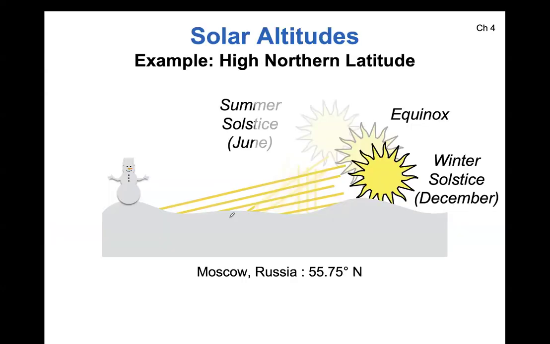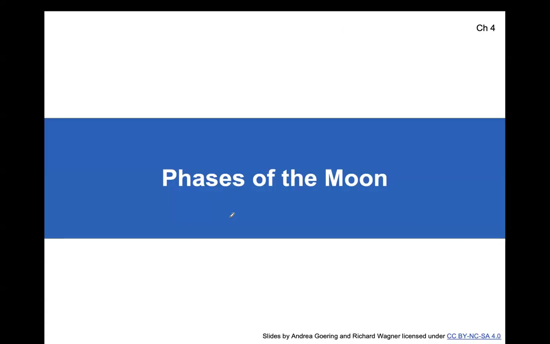Not only is the sun not reaching a very high altitude in the local sky, but the day is shorter as well. So remember that there are both those factors. You have less intense sunlight, less energy flux, and you also have less time for that energy to do anything.